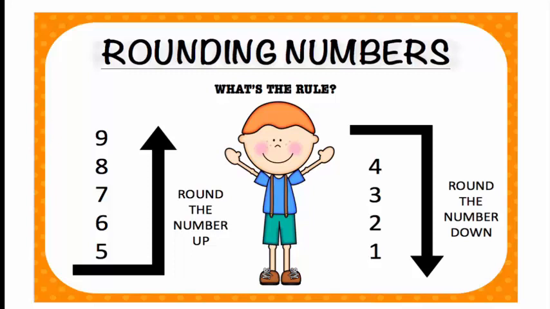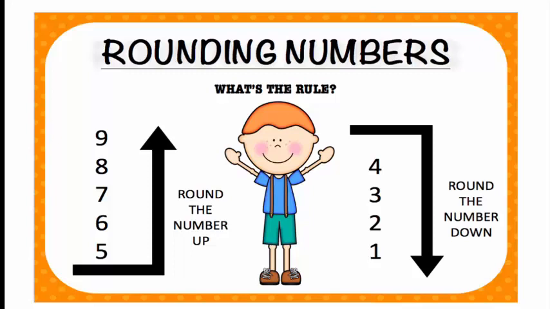Then we look to the next door digit, and after finding it, we place an underline below the next door digit. Then if that underlined digit is equal to 5 or greater than 5, we round up the number, that is, by adding 1 to the circled digit.